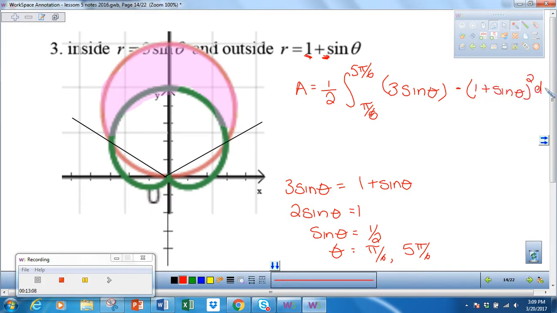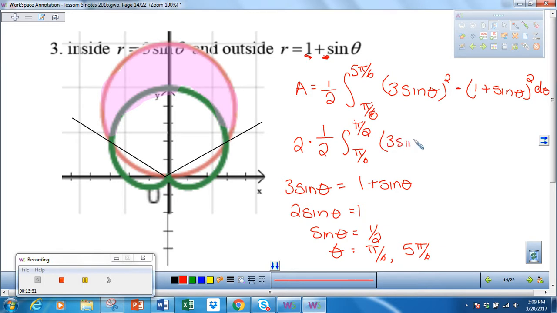Now, we're going to do this on our calculator, so it doesn't matter, but the College Board loves symmetry. So they could write this and ask which of the following integrals gives us the area, and write it from pi over 6 to pi over 2, multiplying everything by 2. Sorry, I forgot the square there.